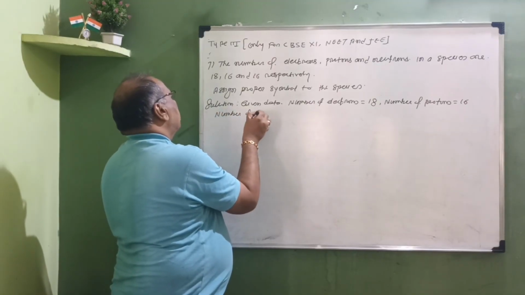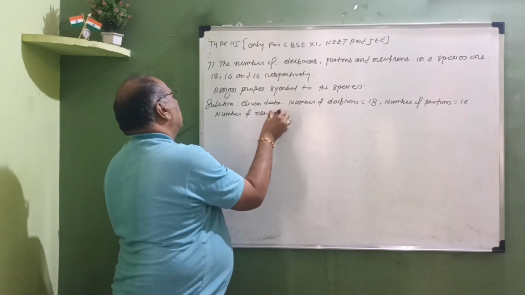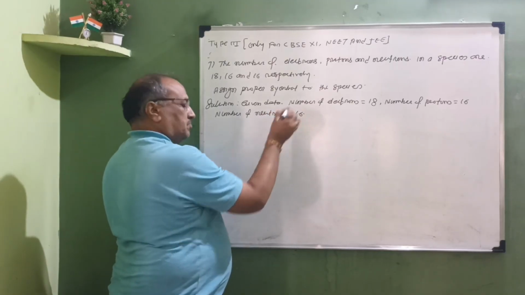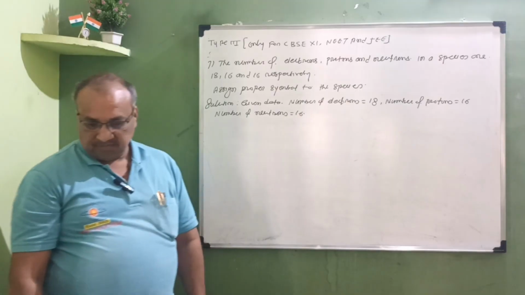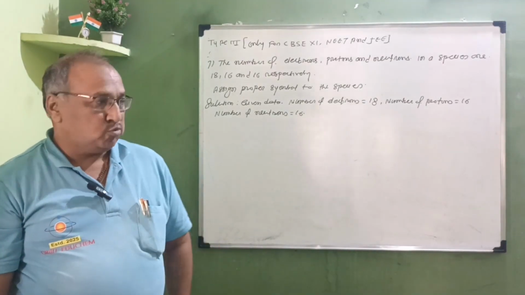And number of neutrons is equal to 16. That means here to find symbol of the species.